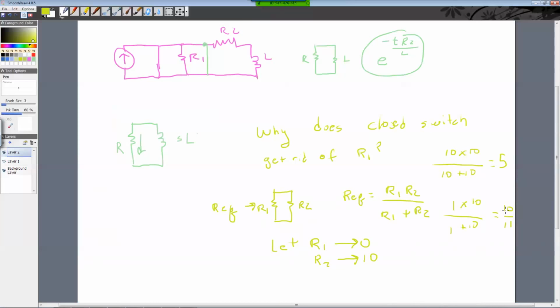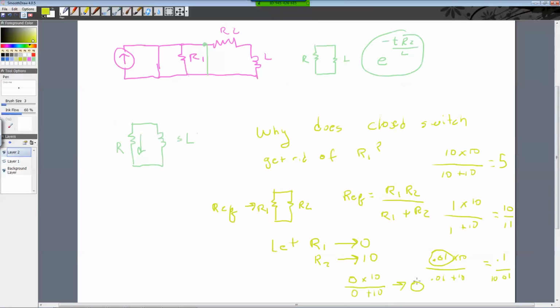Then 0.01 times 10 over 0.01 plus 10. So this is 0.1 divided by 10.01. So it's actually starting to approach whatever the smallest value is. So if I then just plug in 0 times 10 over 0 plus 10, the equivalent resistance is 0.